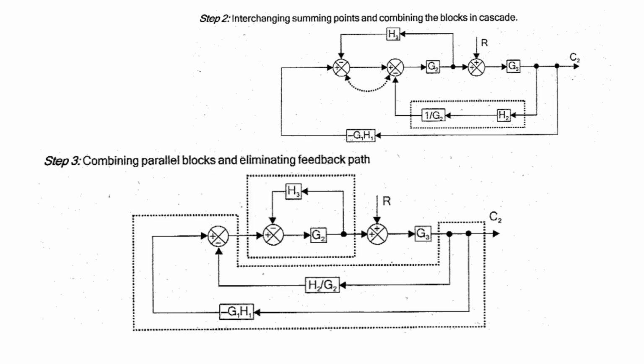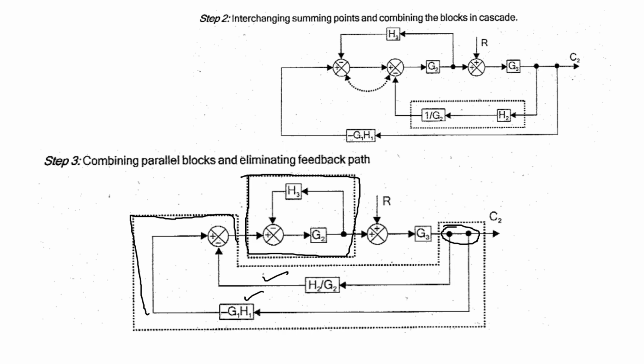So if I interchange, I can have the possible elimination of this inner loop, number one, and I can see these two blocks, H2 by G2 and minus G1 H1, arising from a single point. So these two are in parallel.